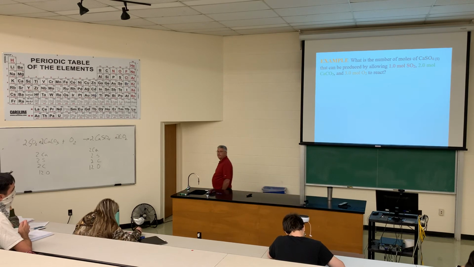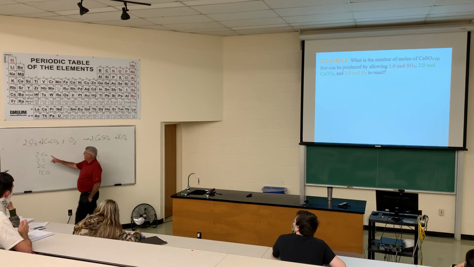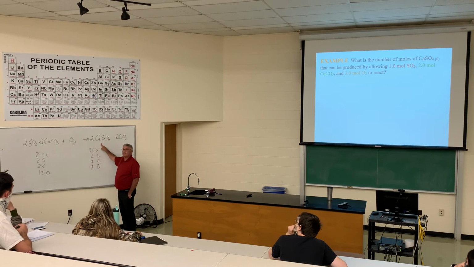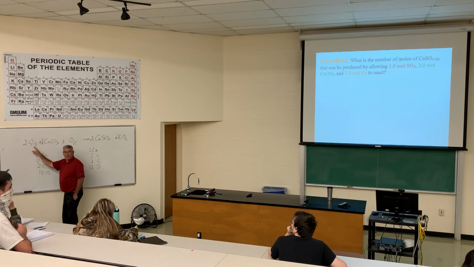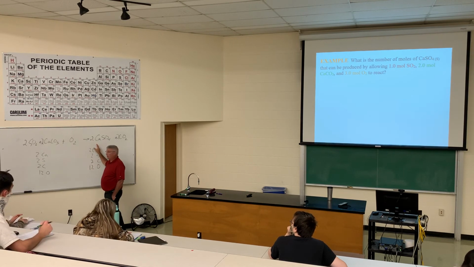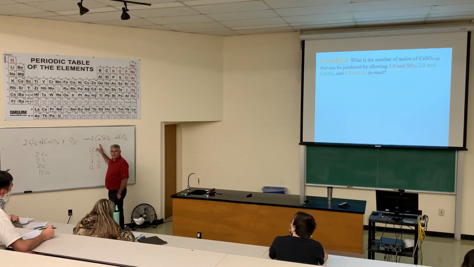I have 1 mole of this. How much of this can be made? 1 mole. Right? For every 2 pages of this, I can make 2 pages of this, right? So if I only have 1 page of this, how many of these can I make? 1 page. Cool, you guys with me?